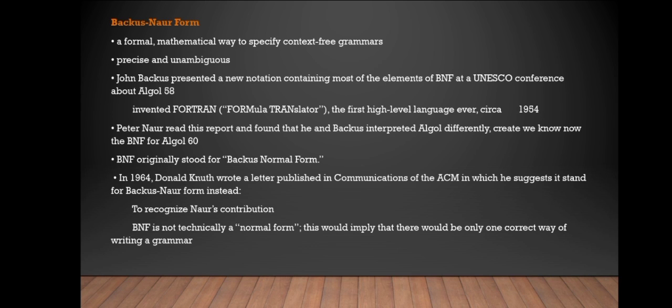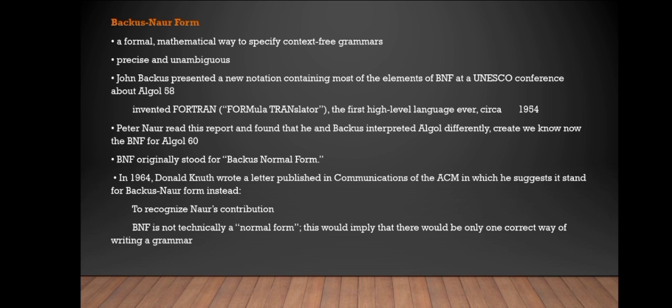He also invented Fortran, or Formula Translator, the first high-level language, circa 1954. Peter Naur read this report and found that he and Backus interpreted Algol differently. This created what we now know as the BNF for Algol 60.